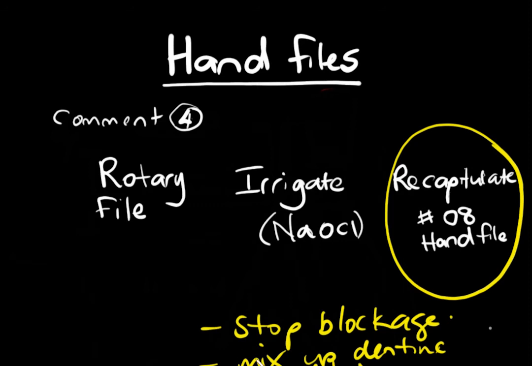The debris is being generated by the rotary file. So the rotary file makes all this debris and dentinal chip. The irrigation then puts it into solution, and then the recapitulation and shaking it up with a small hand file just helps mix it all up, and then you suck it all out with the suction, and then you go back to the rotary file and do it again.